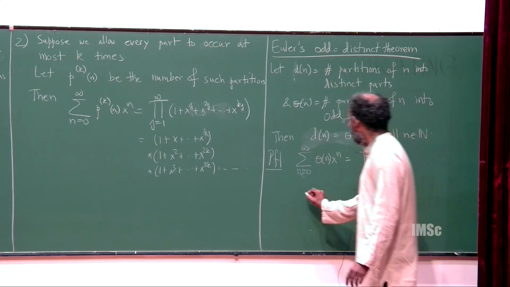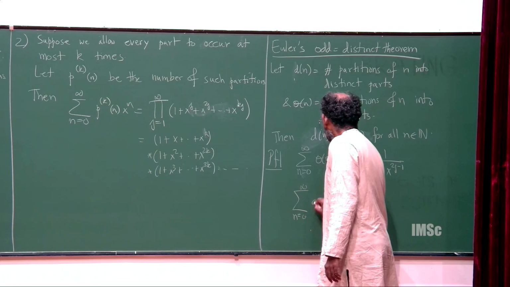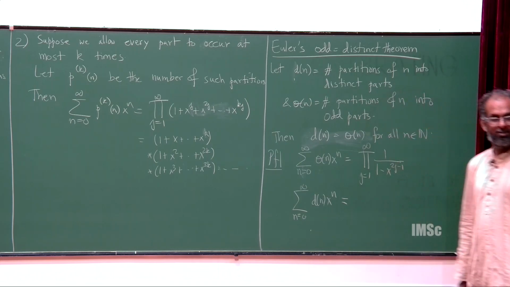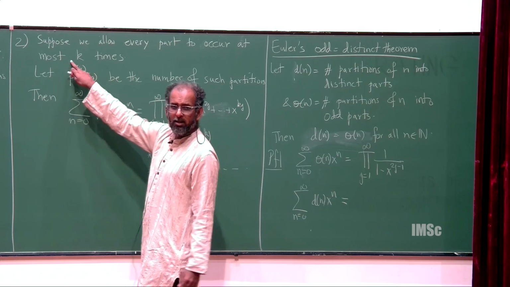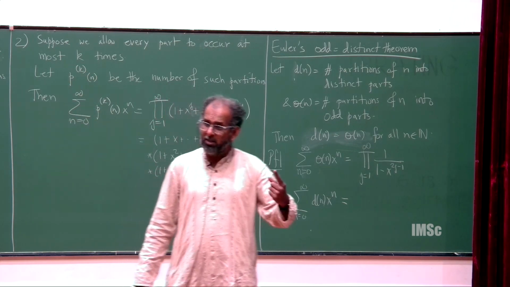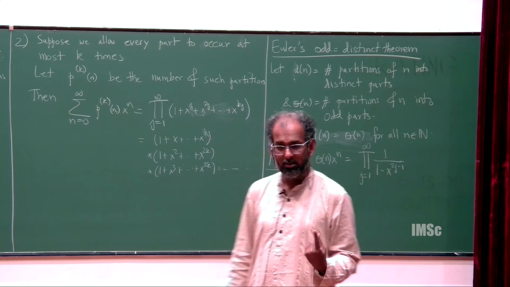Now similarly, can you tell me what is the generating function for d of n? Yeah, that's right. So here this is exactly k equal to 1, because we allow each part to appear at most once, there are no repeats, right.